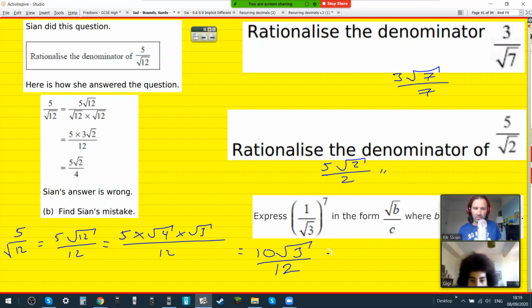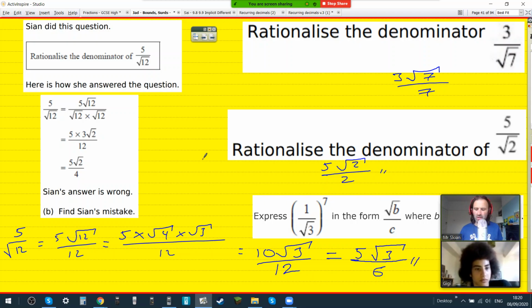And even simpler, which is 10 root 3 over 12. Is that it? 10 over 12 is 5 over 6. Yeah. 5 over 6, root 3. Yes.